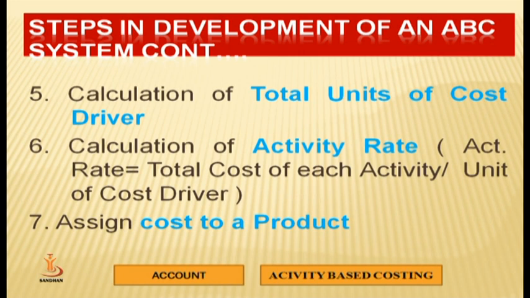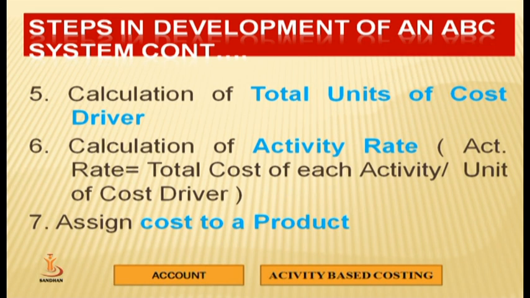The direct cost, as we have seen in the last slide, material, direct labor and direct expenses, are also a part of a product. So altogether, direct cost as well as, from the 6th step, the overhead rate we have calculated.